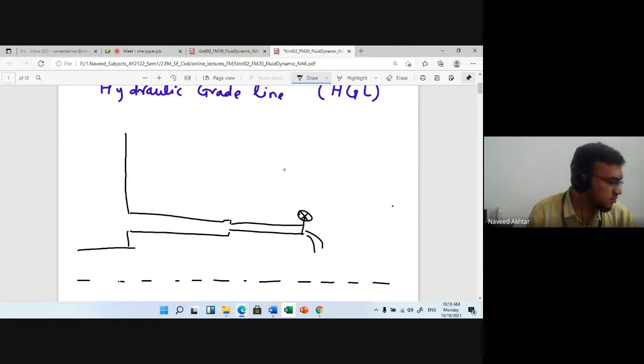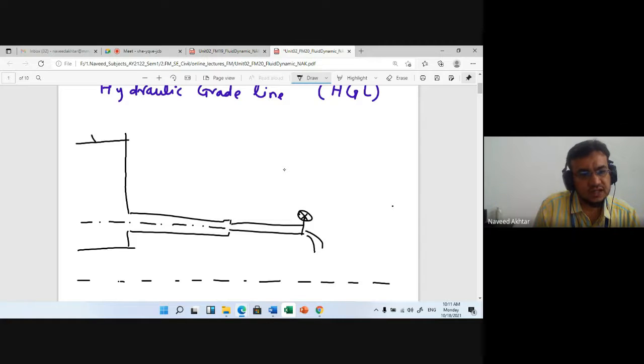I will go down to the center of this pipe, and this is the upstream side. I will show it with the water level.